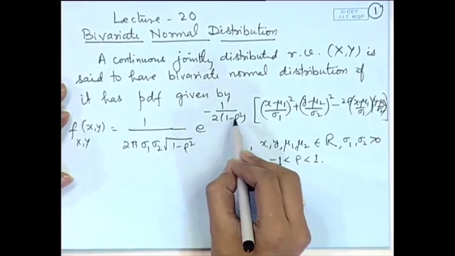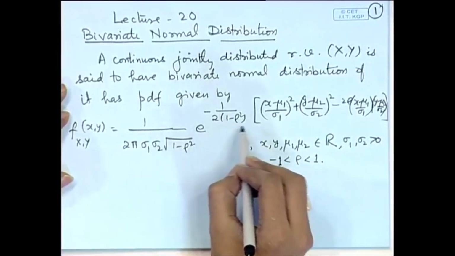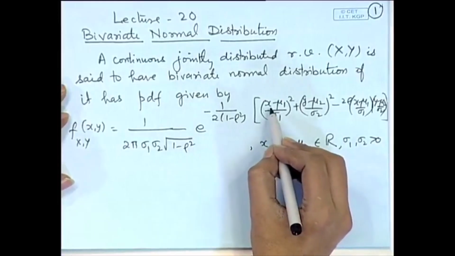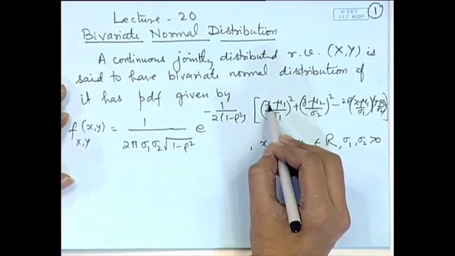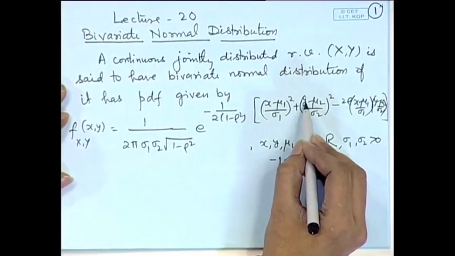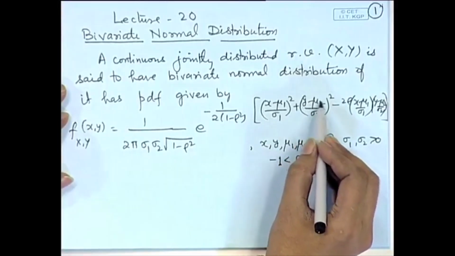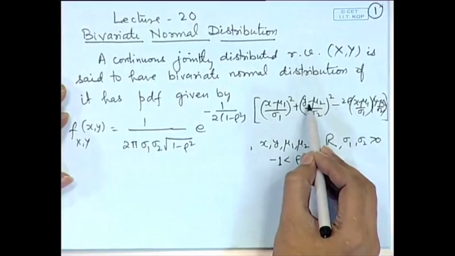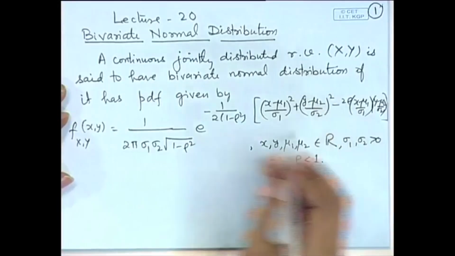A closer examination of the density function reveals that in the exponent we have a term like the one which appears in the exponent of the normal distribution. So, if we want to integrate with respect to y, we can convert it into a density with respect to y. That suggests that we make a perfect square in y.